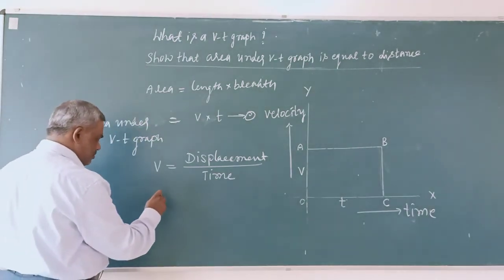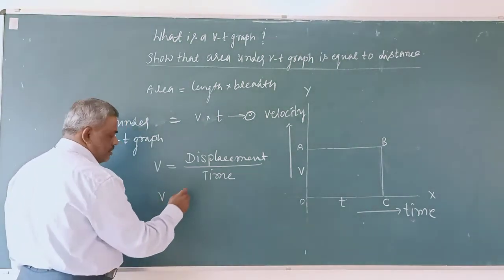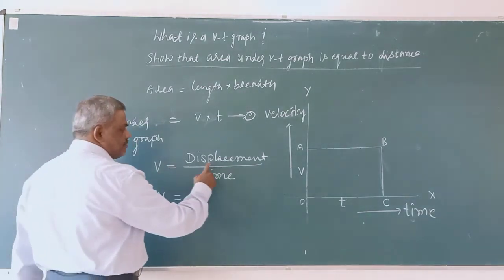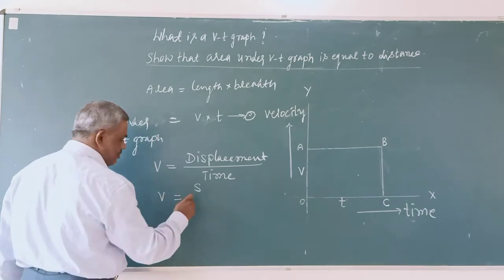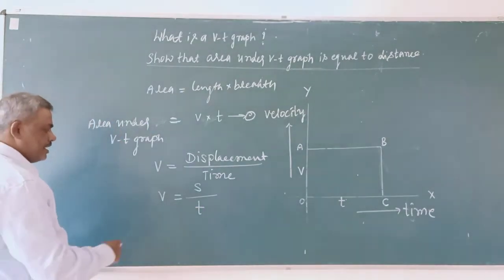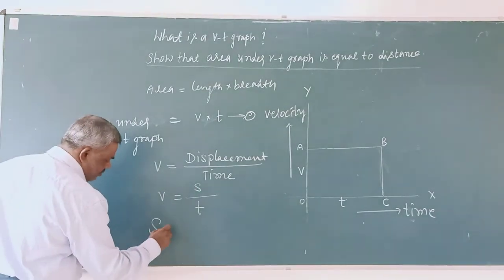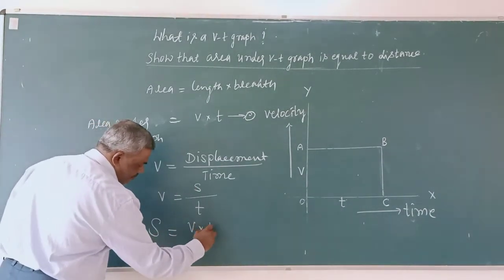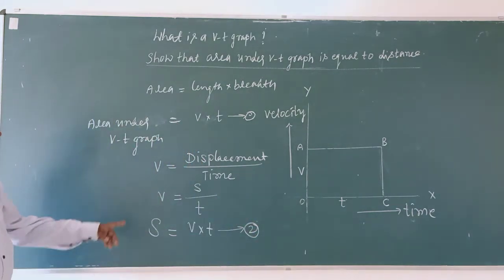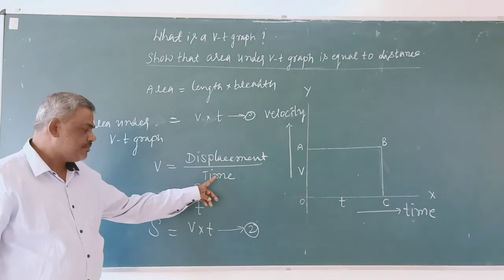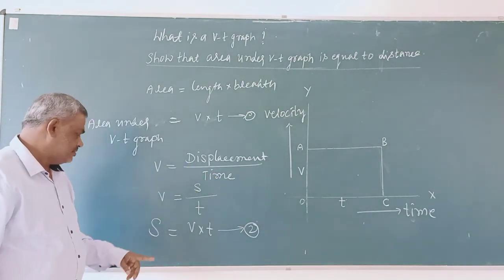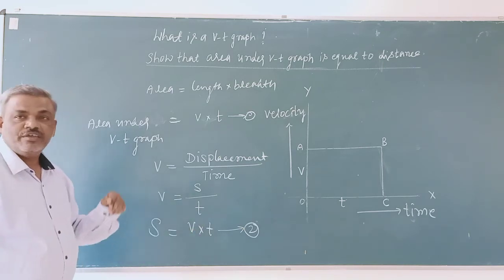So V equals displacement, or distance traveled, S, by time T. So S equals distance equals V into T. This is equation number 2. Velocity equals displacement by time, so V equals S by T, so S equals V into T.